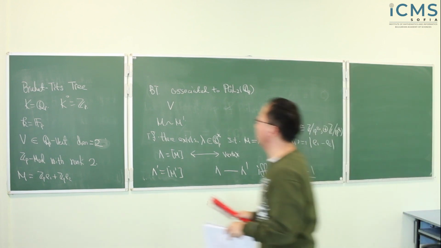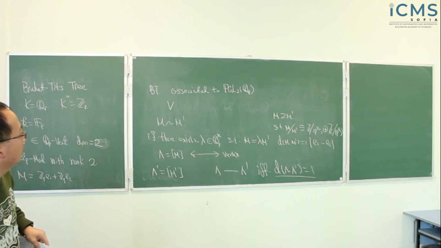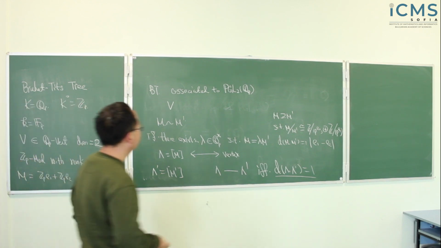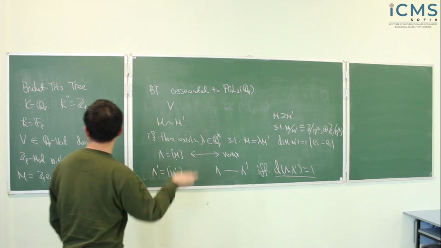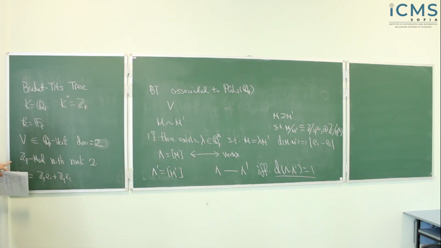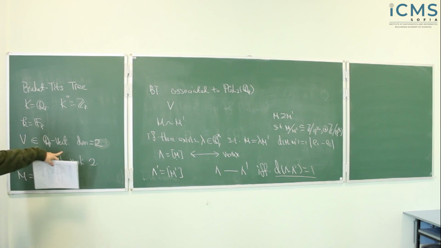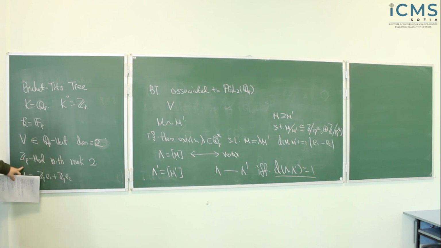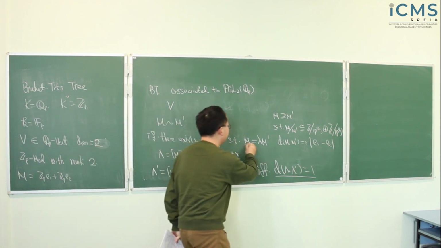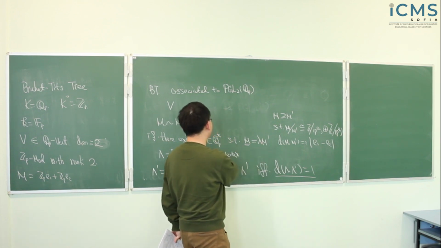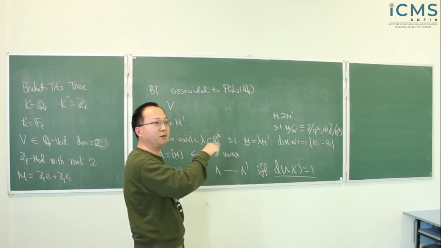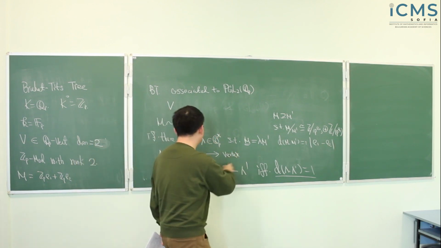Sorry, can you explain again what the bracket M corresponds to, the vertex? Oh, yeah. Let's go back to here. We have a vector space with Q_p coefficient and dimension 2, and we can define the lattice, that is a Z_p module of rank 2. And for each lattice we define an equivalence relation: if we can find a non-zero lambda in Q_p such that the two lattices satisfy this relation, we say that they are equivalent.